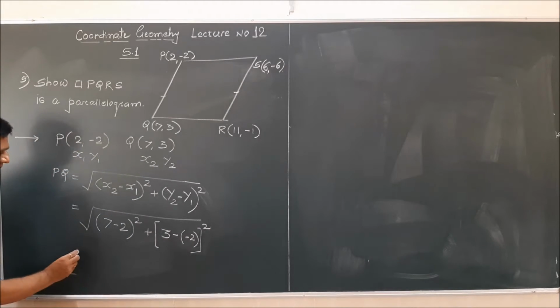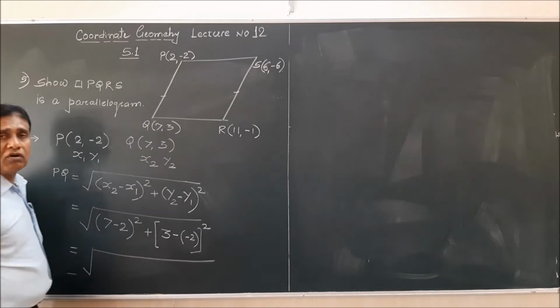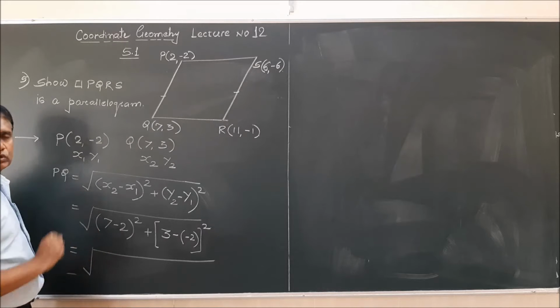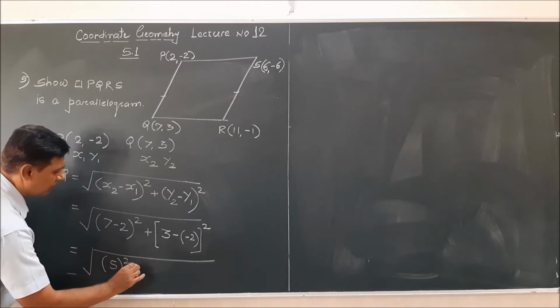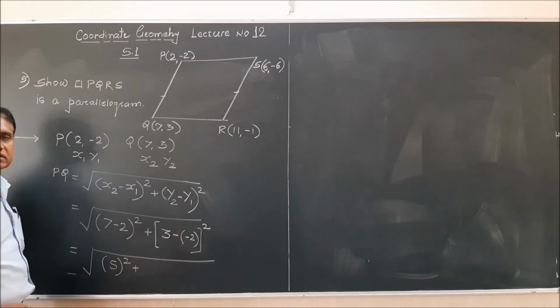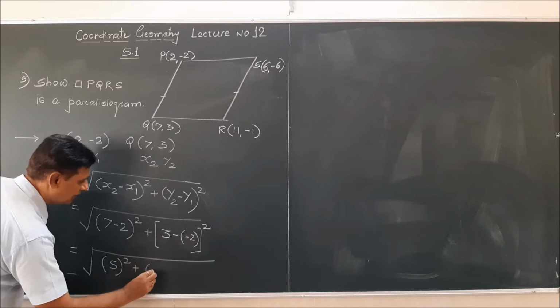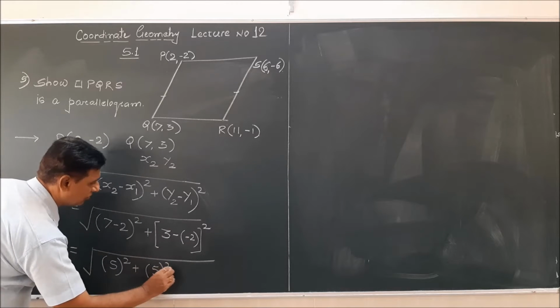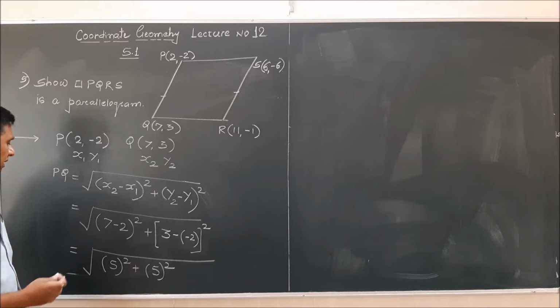That gives the next step: square root of (7 minus 2 is 5) square plus 3, minus into minus makes it plus, 3 plus 2 is also 5. So here I got 5 square, and there also 5 square.